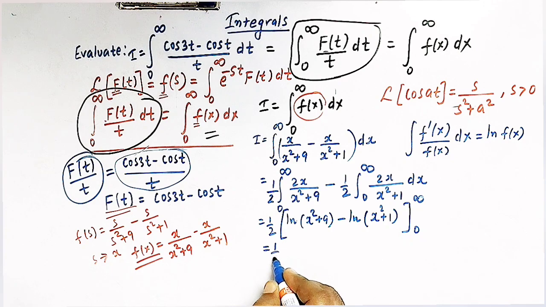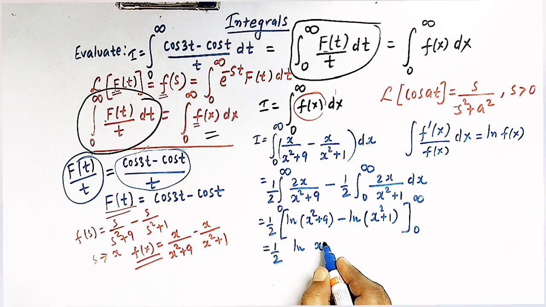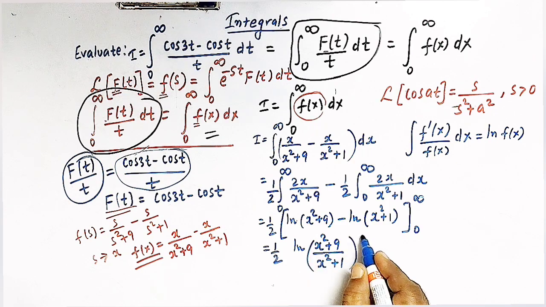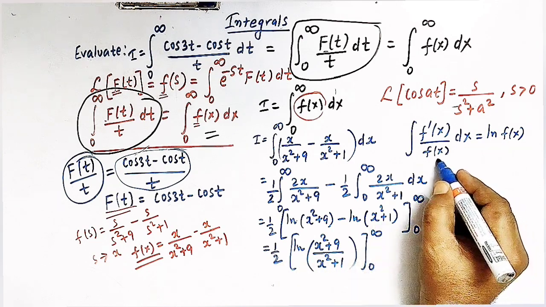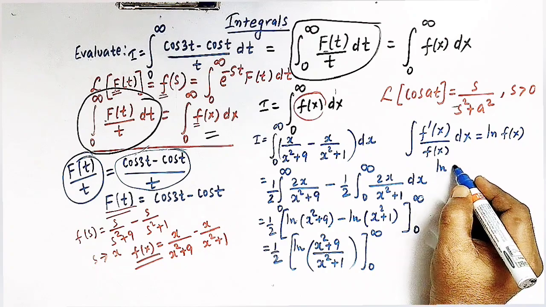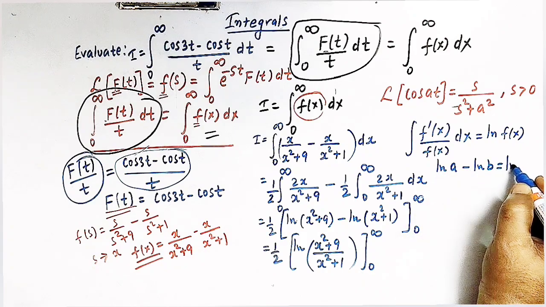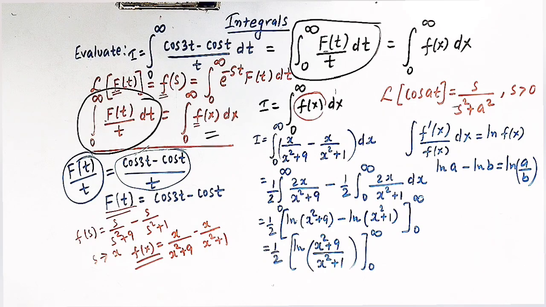So using the properties of log, we can now write natural log of x square plus 9 divided by x square plus 1. And here the limits of integration are from 0 to infinity. And here we have used this result, that is log of a minus log of b is equal to log of a divided by b, right?